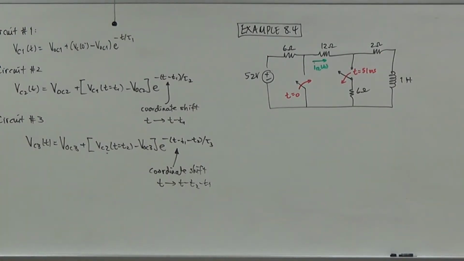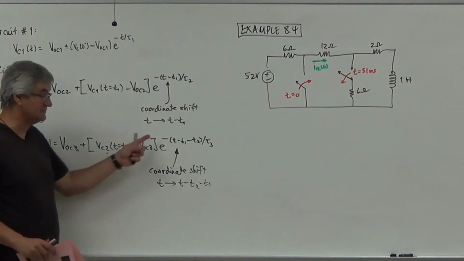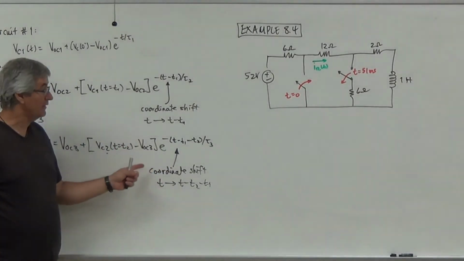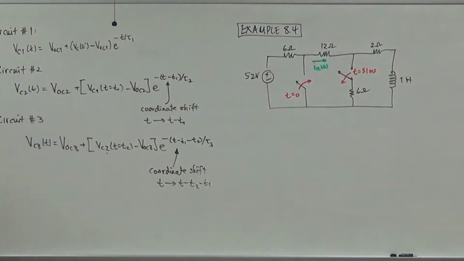I agree that we can discuss this a little bit further, but the voltage across the capacitor can't change instantaneously. So when we calculate the voltage for circuit 2 at t equals t2, it will be the same as when we calculate that voltage at this one point.